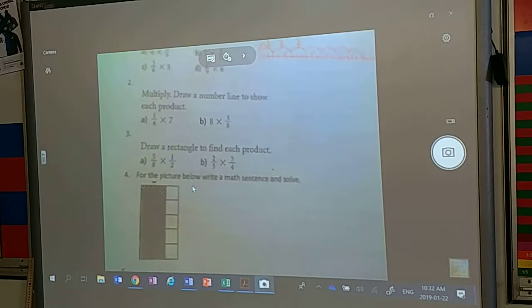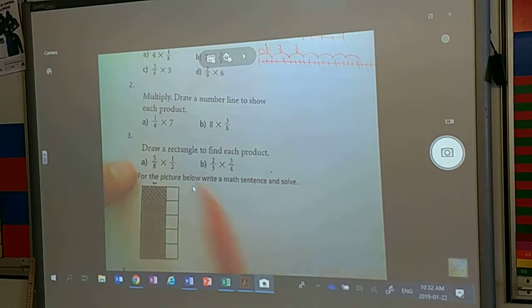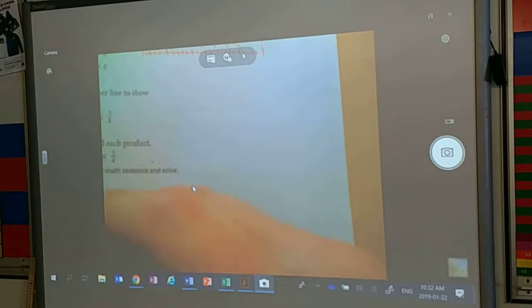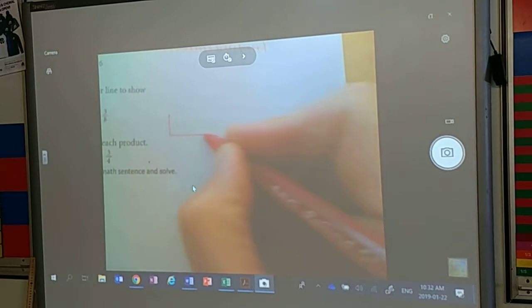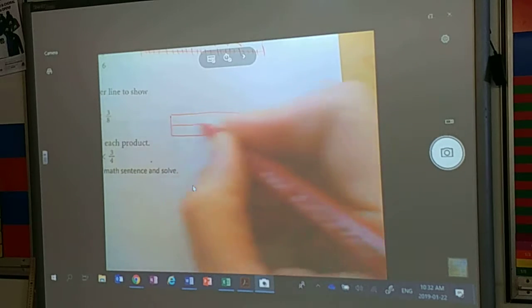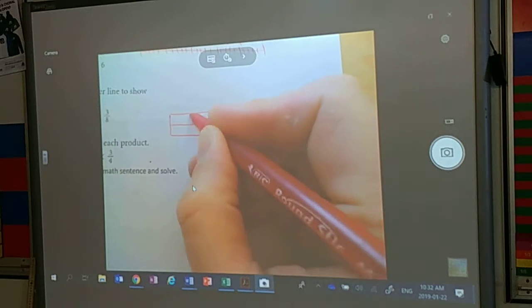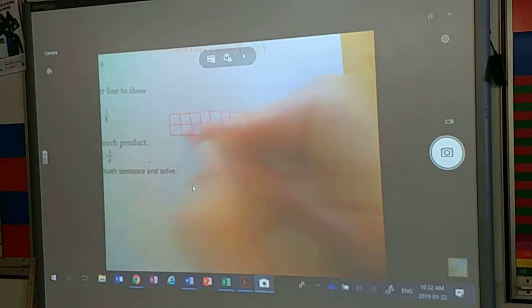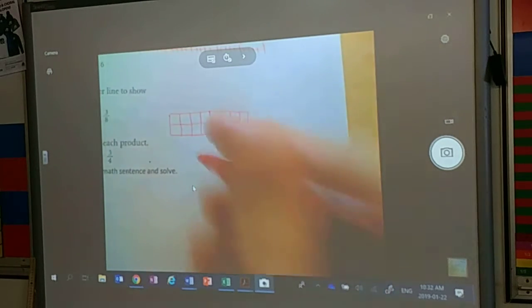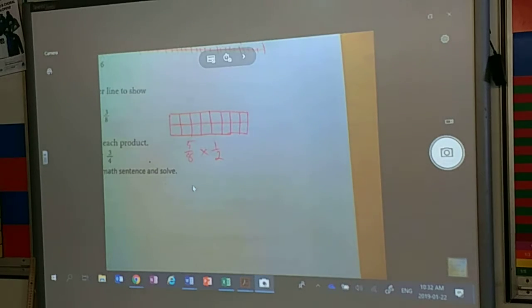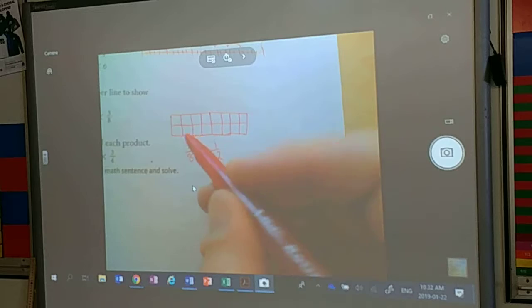Draw a rectangle to find each product. So we've got 5/8 times 1/2. So let's see, I'm going to do an 8 by 2. Here's my 8 by 2. Now since we're doing 5/8 times 1/2, we're going to shade in 5/8.